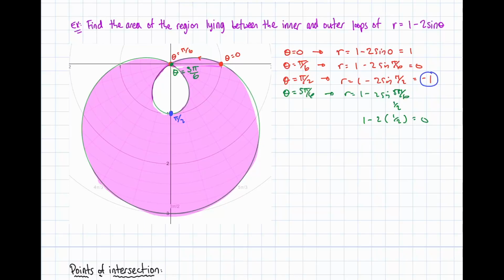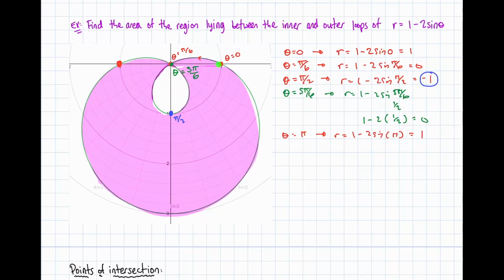Now let's make sure about pi. I'm now at pi, which means r equals 1 minus 2 sine of pi. The sine of pi is 0, so I get 1 minus 0 is 1, and that is, incidentally, this point right over here, because my angle is pi and I'm going out positive 1. So this is all working out great for us.